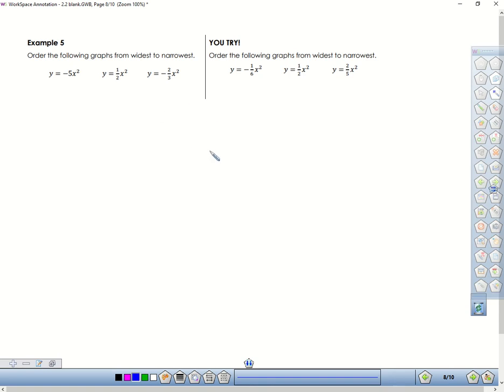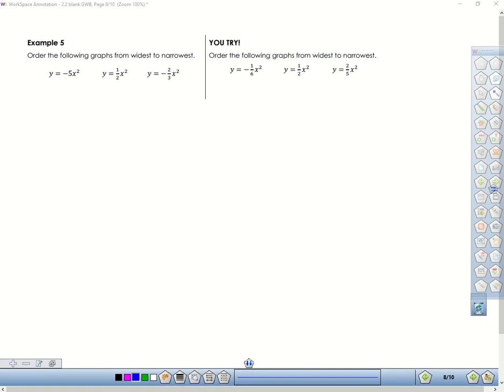So we're going to talk about ordering the following graphs from widest to narrowest. So I talked a little bit about this with you guys yesterday, and you probably don't remember, but a quadratic is more narrow if that number is further away from 0 on the number line.